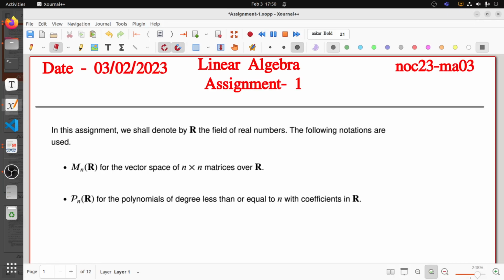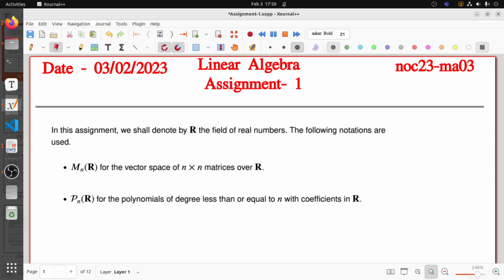So let's take B to be R, and A and B are two subsets. So let's take A to be just 1 and B to be minus 1. Then the intersection of A and B is empty, right? They are disjoint. But what will be the span of A and span of B? Span of A means it is all the C times 1 such that C is in R, right?